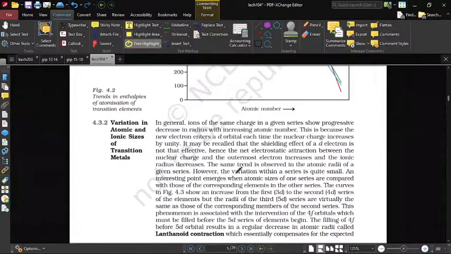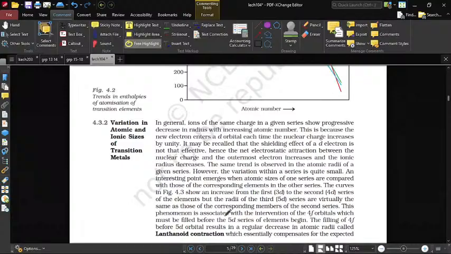An interesting point emerges when atomic sizes of one series are compared with those of the corresponding elements in another series. The curves in figure 4.3 show an increase from the first 3d to the second 4d series of the elements, but the radii of the third 5d series are virtually the same as those of the corresponding members of the second series.